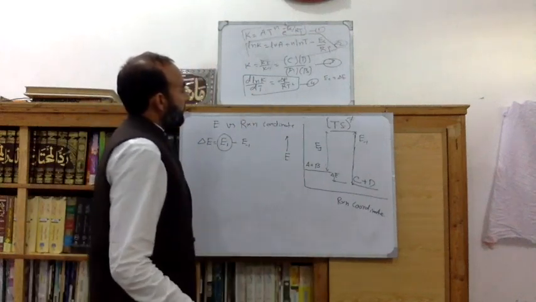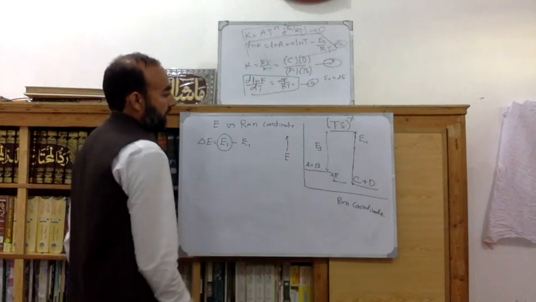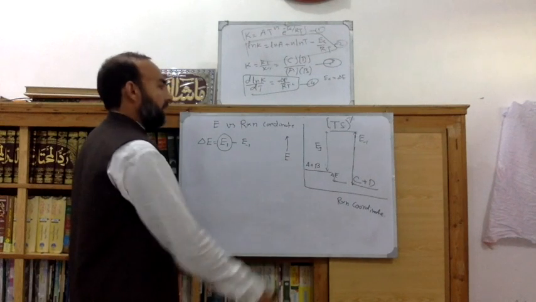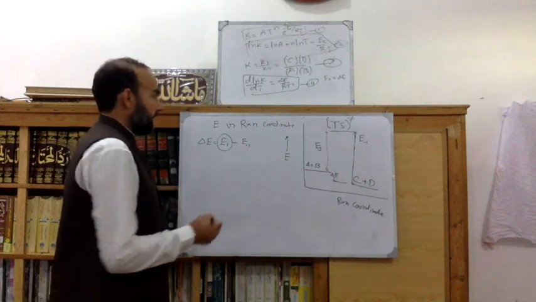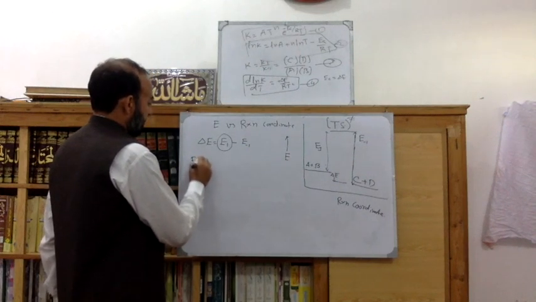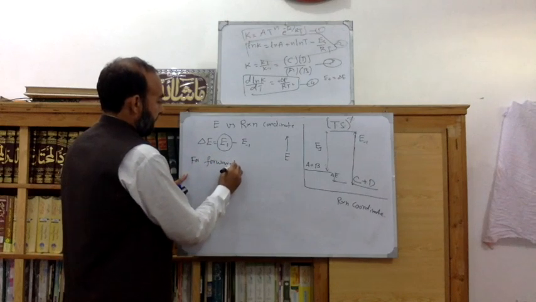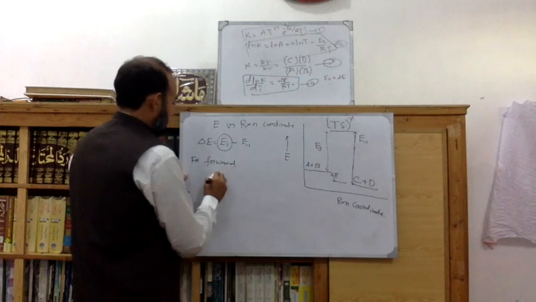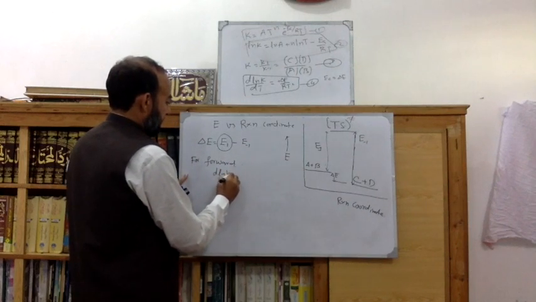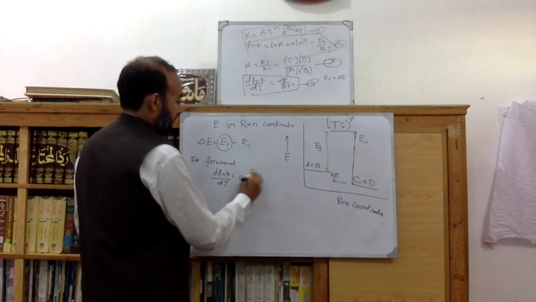Now equation 4 can be modified for the forward and reverse reaction. For the forward case, we have d ln k1 over dT is equal to E1 over RT squared.